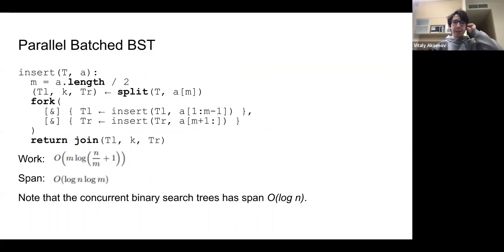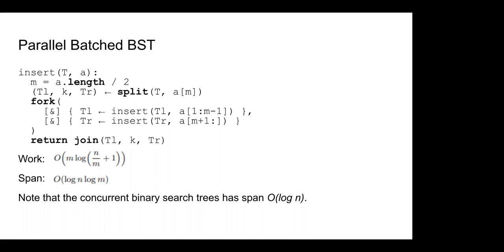We have the tree T and the request A. We take the middle element of the request. We split by the middle element, and we have a left tree and a right tree, and then you recursively insert the left batch of the elements and the right batch of the elements, and then afterwards you join together the left result, the right result, and their element key K. So it's pretty simple here. I think the middle element is in the inserted elements.